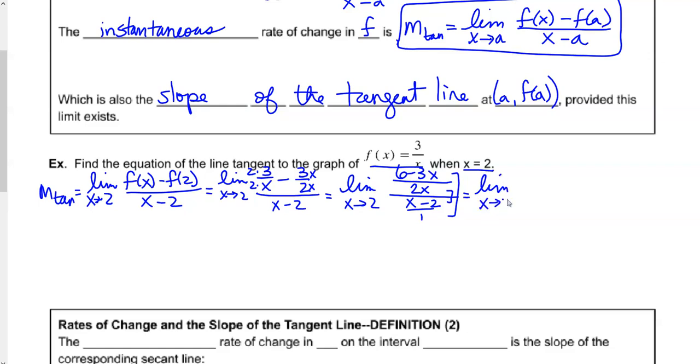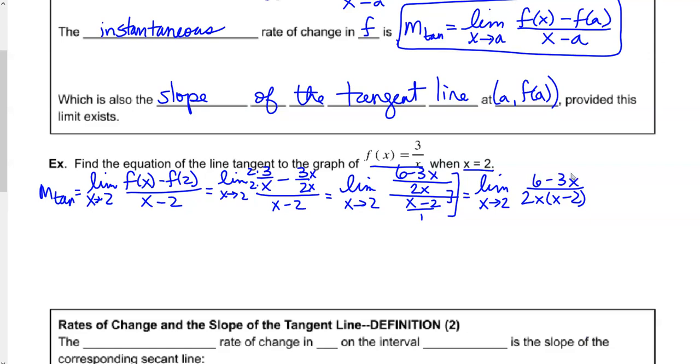But again, you can rewrite the first fraction and multiply by the reciprocal of the second when dividing those two fractions. Okay, so 6 minus 3x times 1 is still just 6 minus 3x, all over the product of these two, so the best that I'm going to write is just 2x times x minus 2. Now again, if you try to put 2 in here, you're going to get 0 over 0, so I still need to work a little bit.